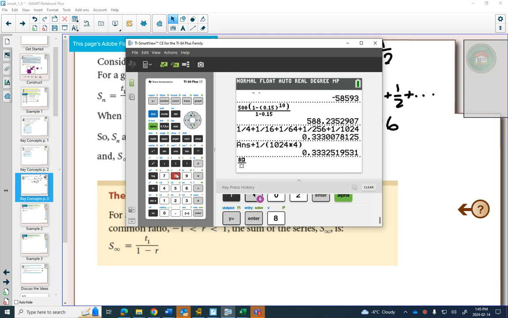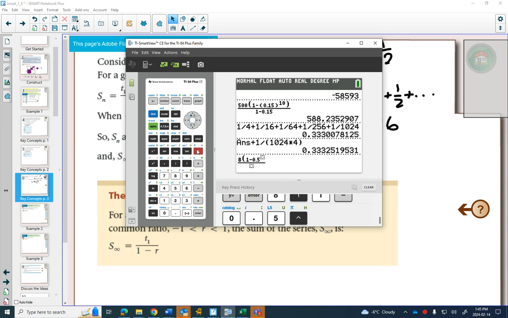We're going to say I've got 8, and then it was 1 minus 0.5 to the power, how many times did I say? 10,000? Oops. Okay. The calculator might run out of decimal places. It might already tell me I should have stopped. You're already at 16. We're going to find out.